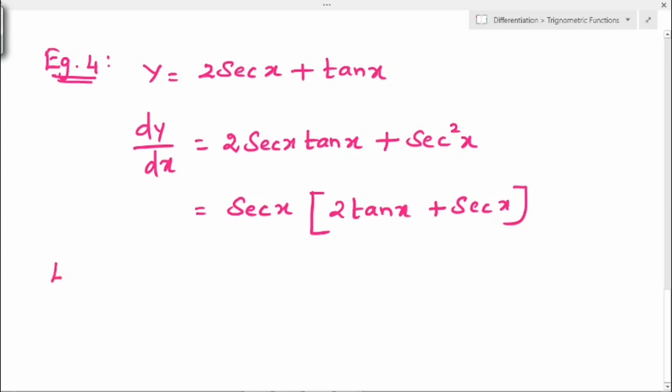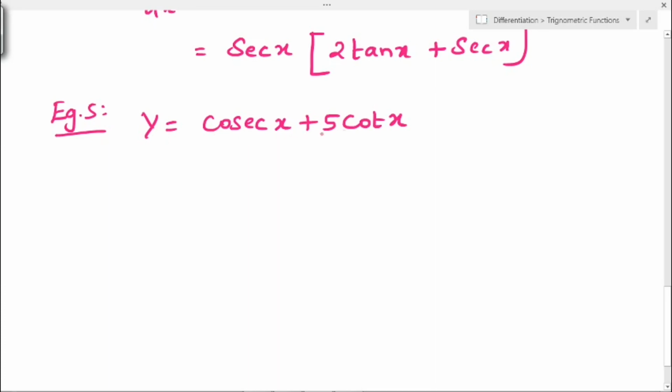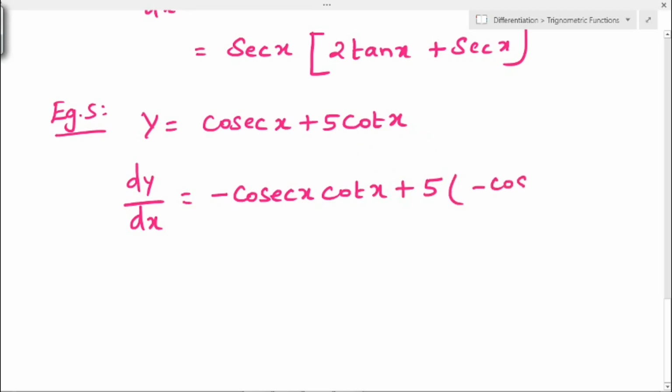Next example is y equal to cosecant x plus 5 into cot x. So this is nothing but dy by dx equal to differentiation of cosecant x is minus cosecant x cot x plus 5 is constant into cot x differentiation is minus cosecant square x. Okay. So differential of cot x is minus cosecant square x.